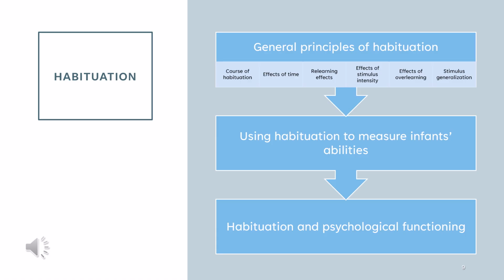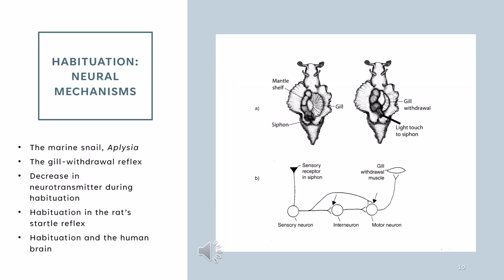The neural mechanisms for habituation are often due to synaptic depression at sensory or motor synapses. So we have fewer vesicles released and smaller postsynaptic responses as well. With our marine snail example, it's chosen for its simple mapped circuit, a classic preparation for learning. It allows direct recording and identified synapses. You can see in the diagram here of the marine snail, the gill withdrawal reflex: repeated tactile stimulation reduces gill withdrawal amplitudes.